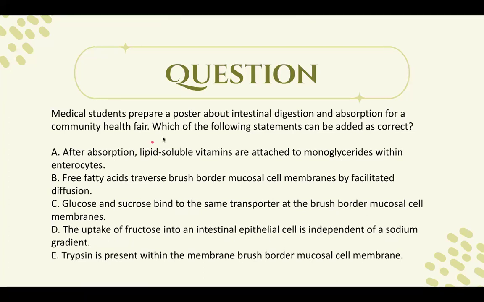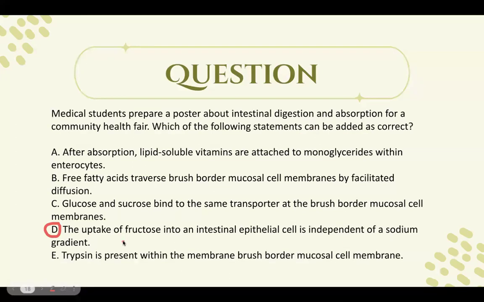Okay. This question just wants us to pick the correct answer. So, okay, I hope you paused and answered the question on your own. Okay, so the answer for this question is D. The uptake of fructose into an intestinal epithelial cell is independent of sodium gradient.